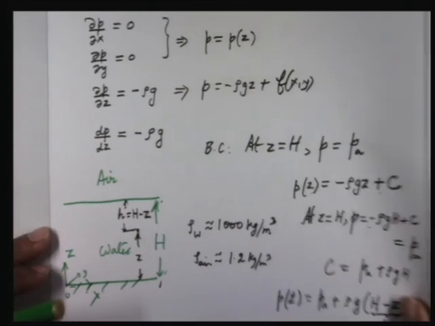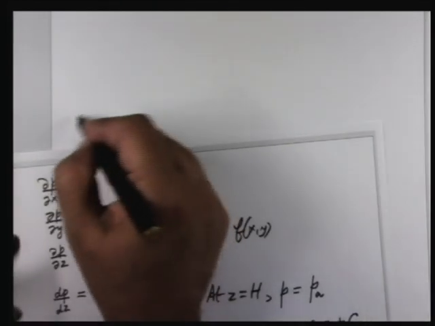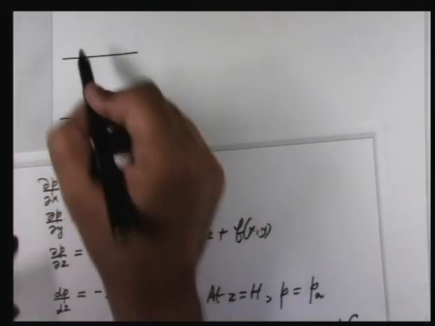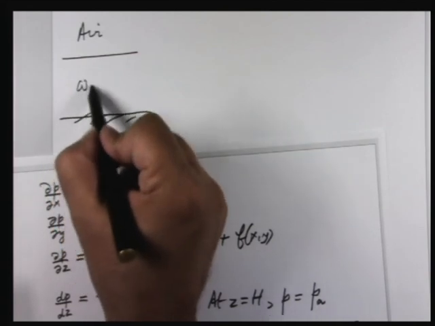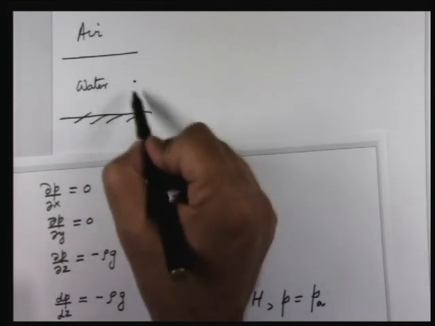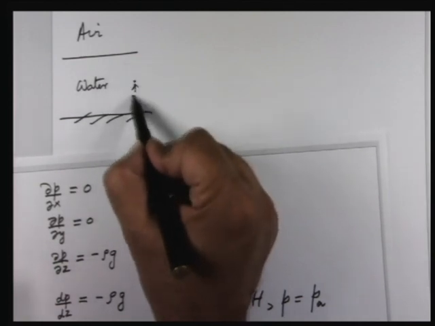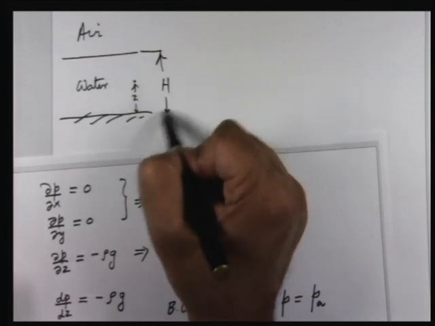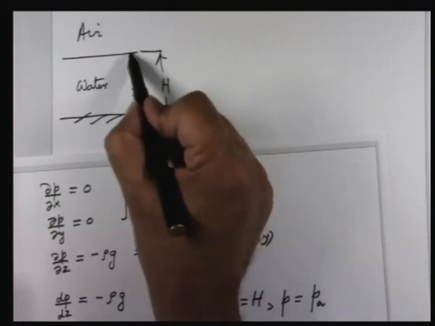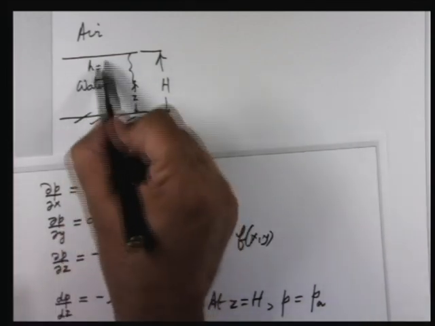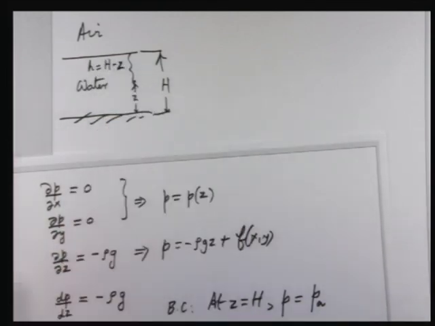So what you see here is that if I draw that figure again, this is the surface of the tank. You have air above, water here, you have a point here. This distance is z, this total distance is H. So this much I am calling small h, which is H minus z.